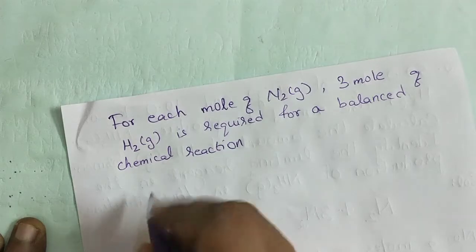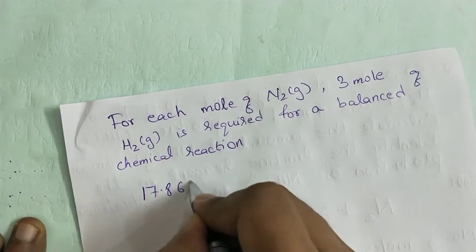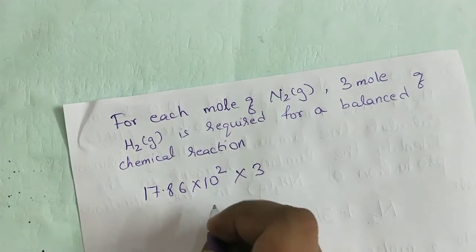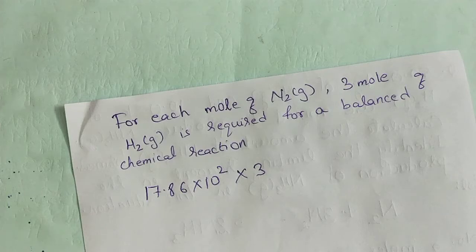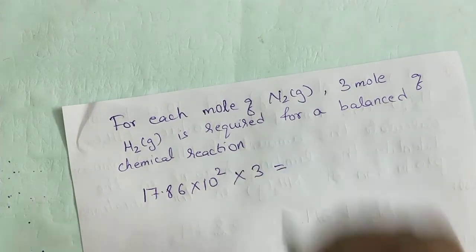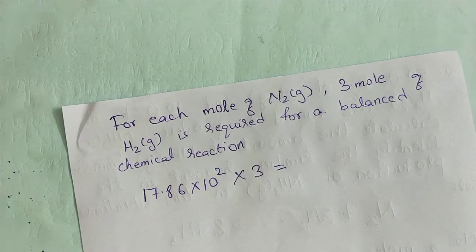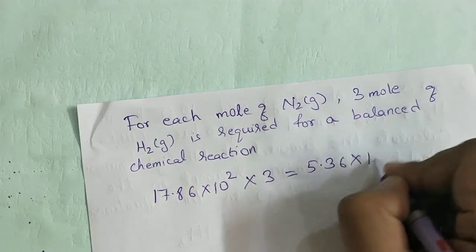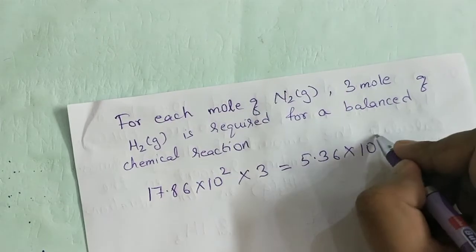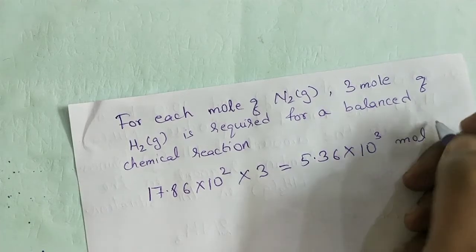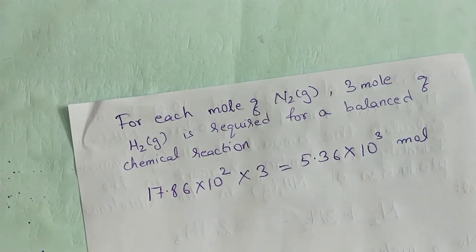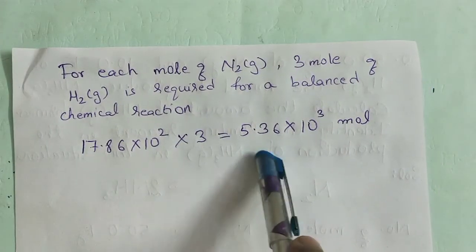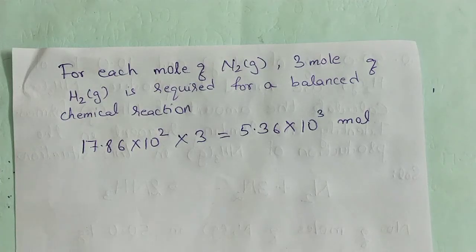So what we'll do, we'll multiply 17.86 into 10 raised to the power 2 mole into 3. This is the number of moles of 50 kg of N2 gas. And this value will come out to be 5.36 into 10 raised to the power 3 mole. So for a perfectly balanced chemical reaction, you will need 5.36 into 10 raised to the power 3 mole of H2.